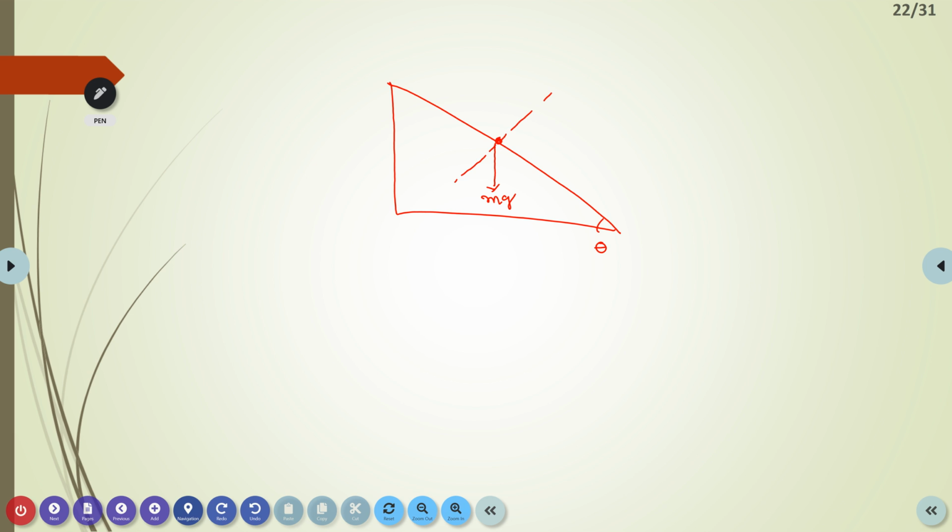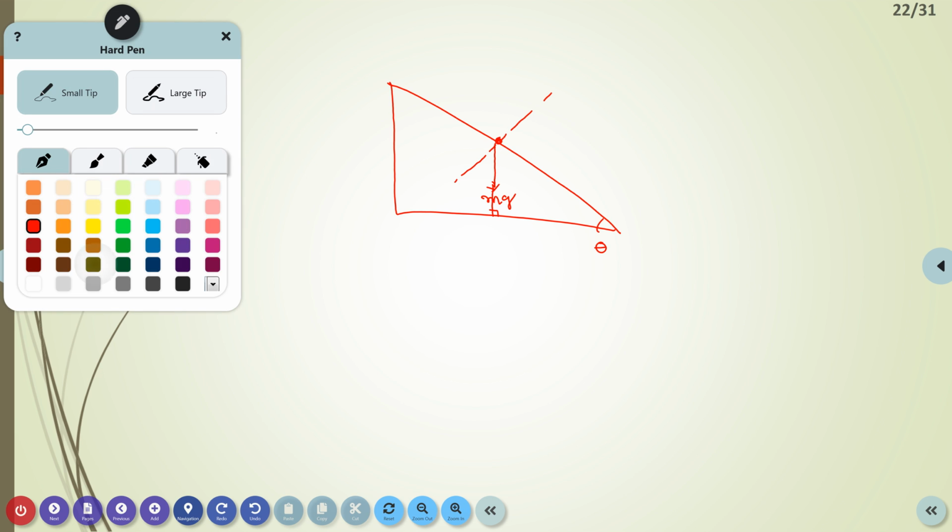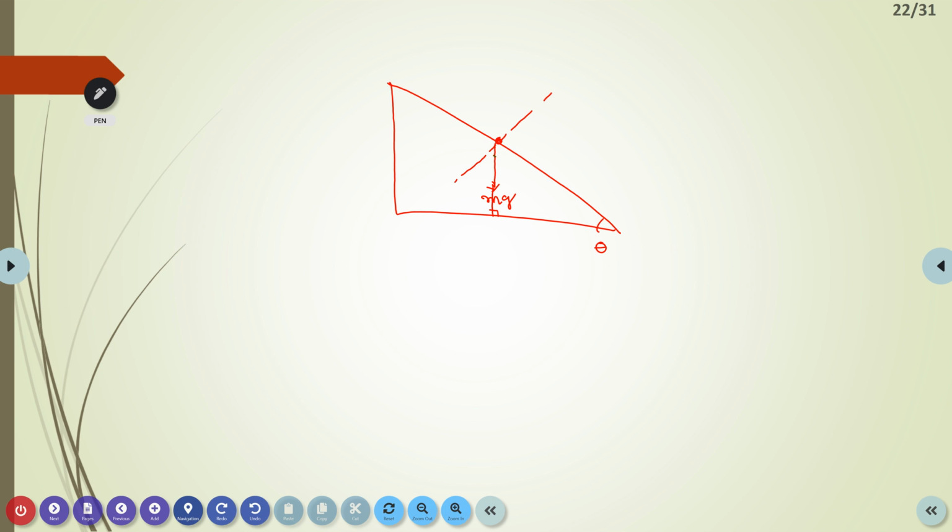When I extend it like this, this is 90. When this is theta, then this angle must be 90 minus theta.